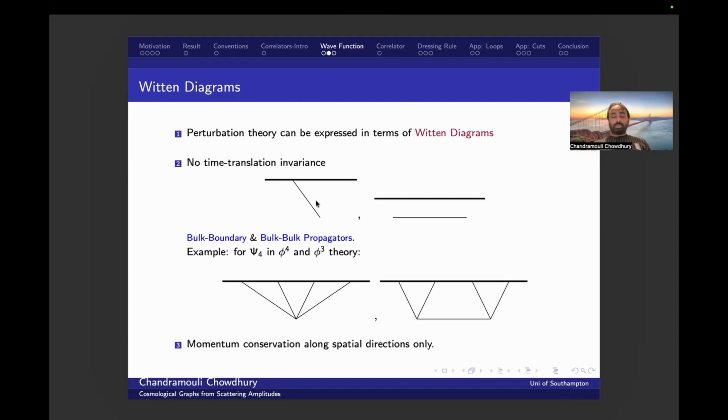So these are called bulk to boundary propagators because they have one point in the bulk, which is any time between minus infinity and zero, and another point which is at the boundary, which is at t equal to zero. And the more familiar propagators are the ones which can move between any times, and that's the bulk to bulk propagators. So using this, you can construct these wave functions.